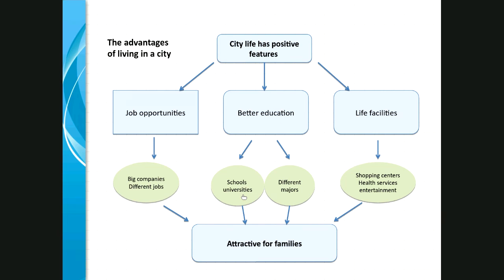If there is only one university that doesn't offer all these kinds of majors, then you will only have to decide to study these majors that are available. But with more universities, you can decide what kind of major to study. So these are 2 supporting details that I can later on improve into sentences. Okay.